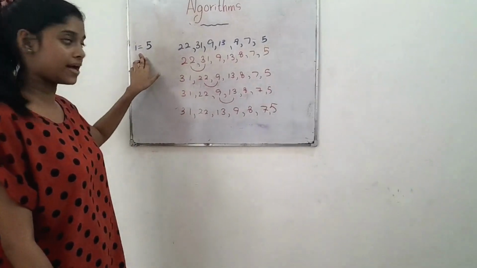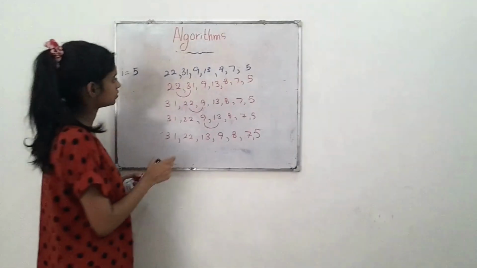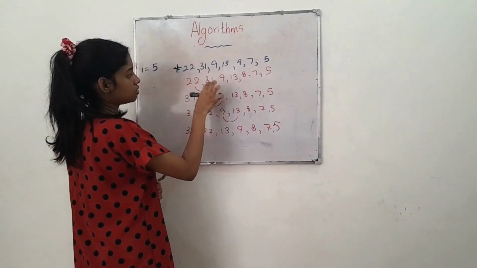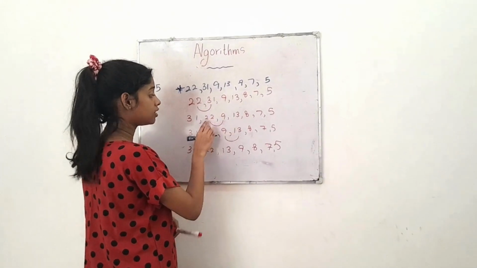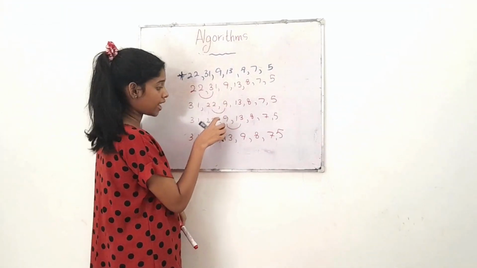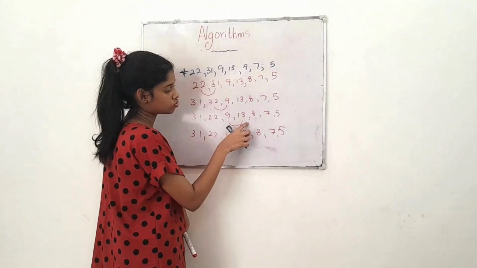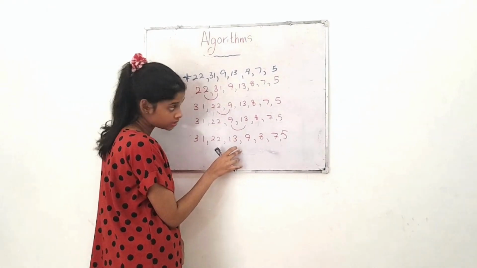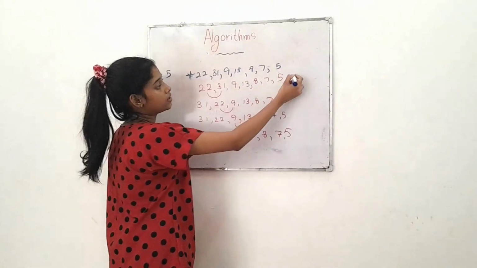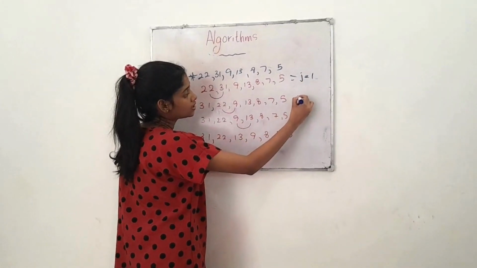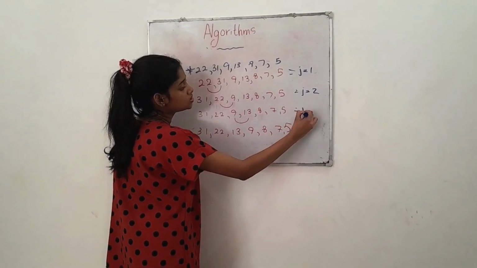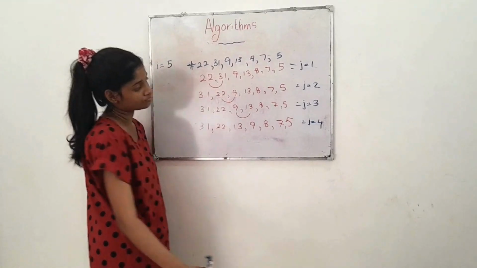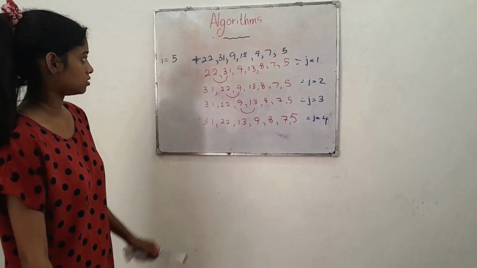In i value 5, first you have to check this, no swapping. Then check these two and no swapping. And these two, yes, it's swapped. Right? This is i value 5 and this is j equals 1, j equals 2, j equals 3, j equals 4. Right?